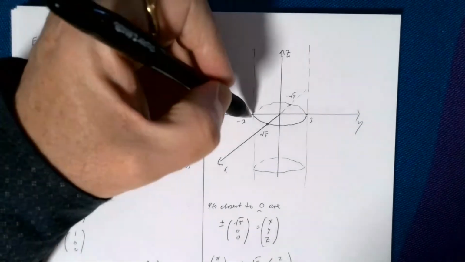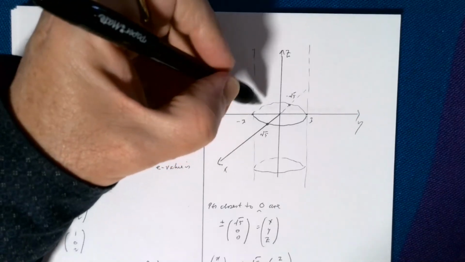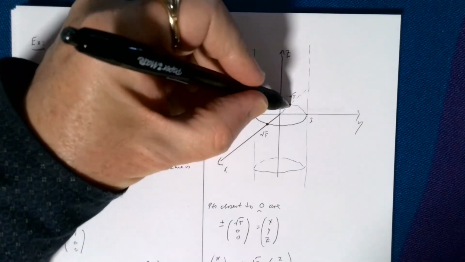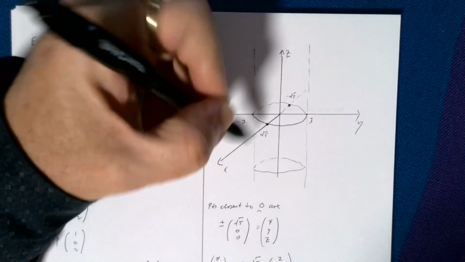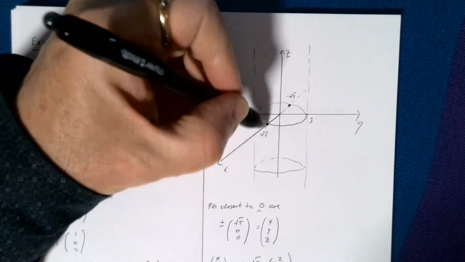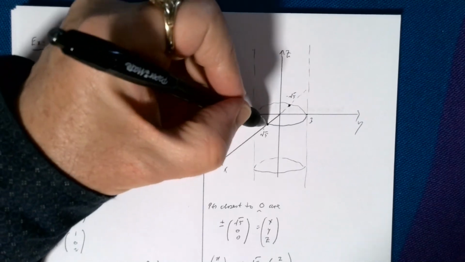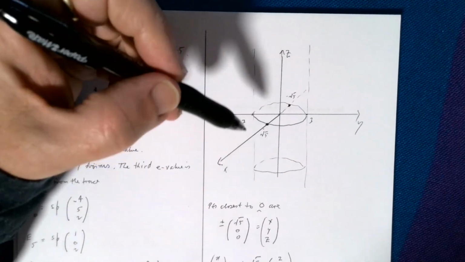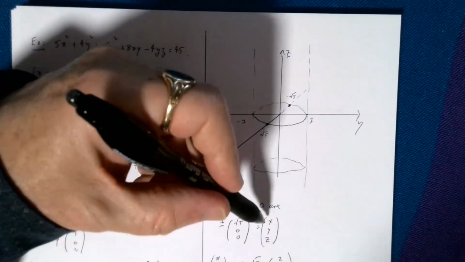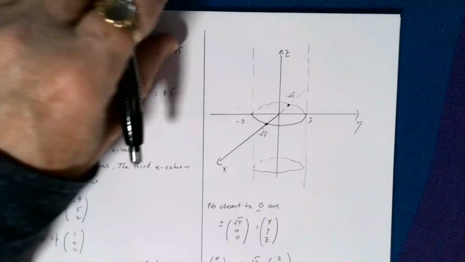The points nearest to the origin are going to be these two here, where it cuts the X-axis, and along the capital X-axis this is a distance of √5. So the points closest to the origin in the capital XYZ coordinates are plus or minus √5, 0, 0.